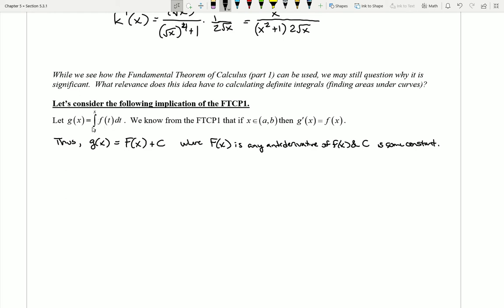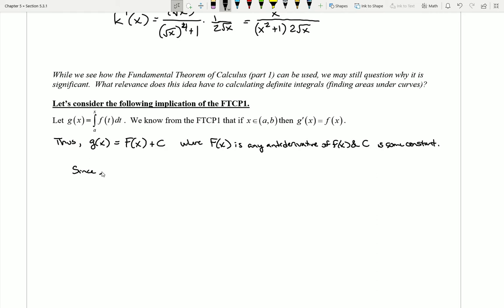So apparently both of these things should be the same, including whenever I'm using values in the interval from a to b. Now again, since f of x had to be continuous for this derivative rule to work, my derivative is defined, and that means my function g is differentiable and therefore continuous.